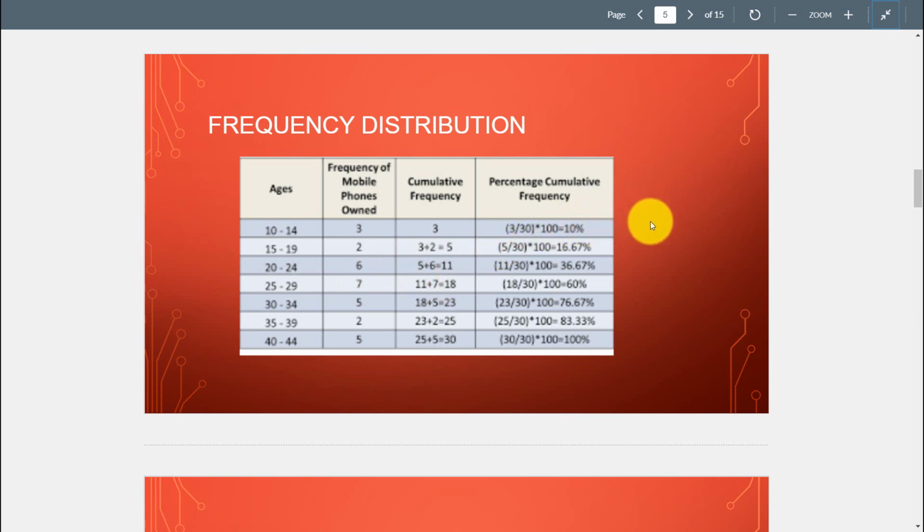We would start with 10, add the next one down, which would bring us to 10 plus 16.67, which would be 26.67. Collecting the next one down would bring us to, not 62, sorry about that, it would be 52. So on and so forth, all the way down to 100% for cumulative frequencies.